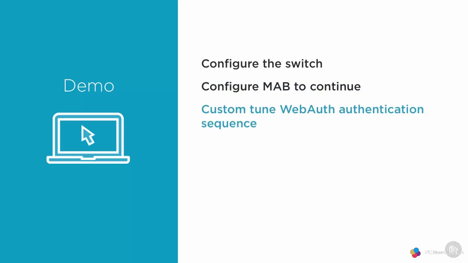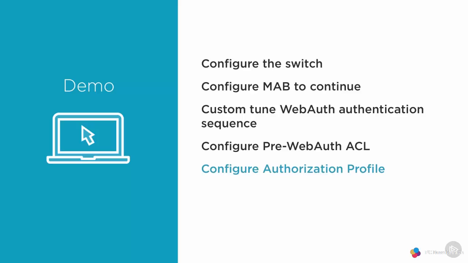Then we're going to custom tune our WebAuth authentication sequence. We'll then configure our pre-WebAuth ACL. We'll configure our authorization profile, and we'll configure our authorization policy. So that's sort of the high-level order that we'll go through as we configure our WebAuth scenario in the lab. Let's head over to the equipment.